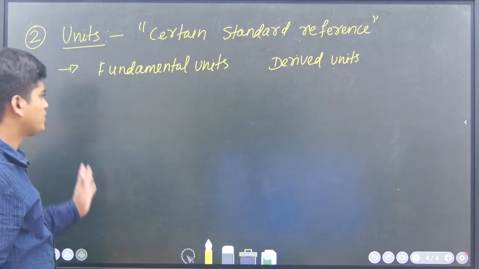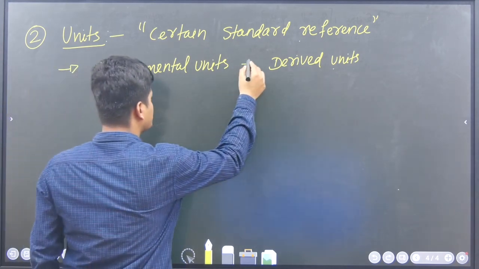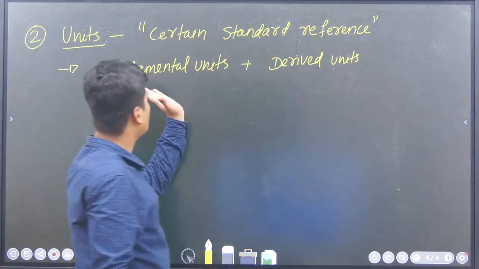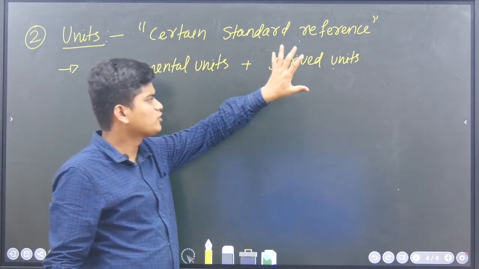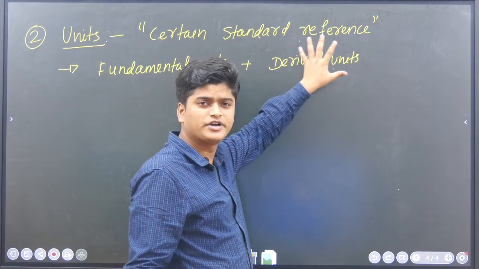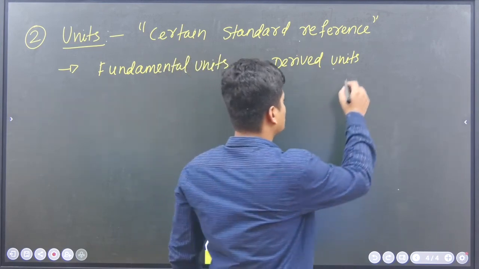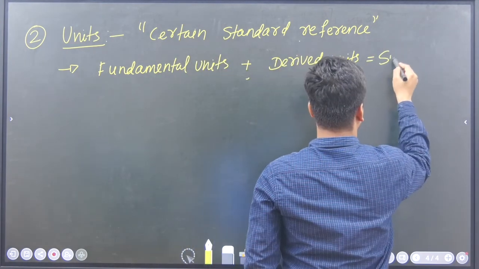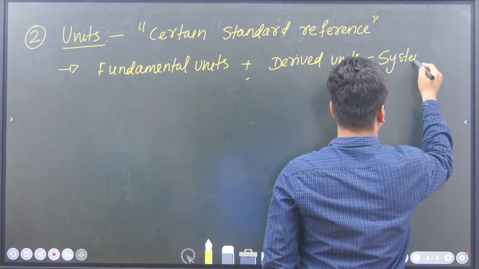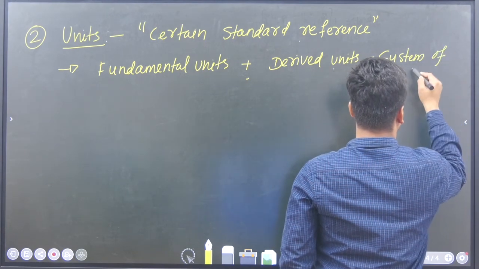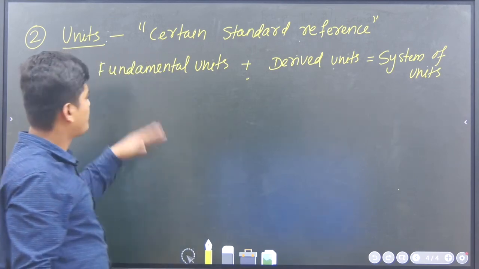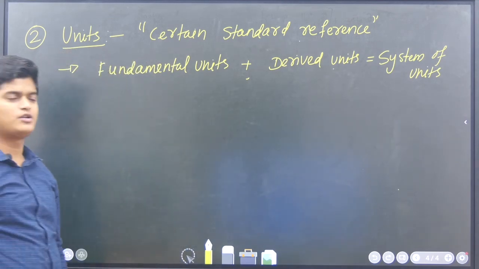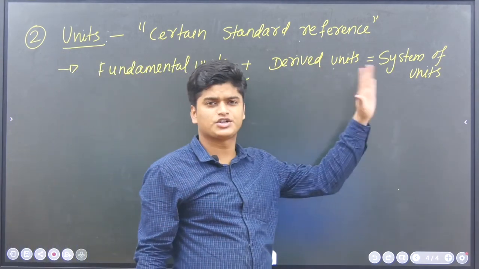If we combine these two: the units defined for fundamental quantities are called fundamental units, and the units defined for derived quantities are called derived units. Both fundamental and derived together make the system of units.